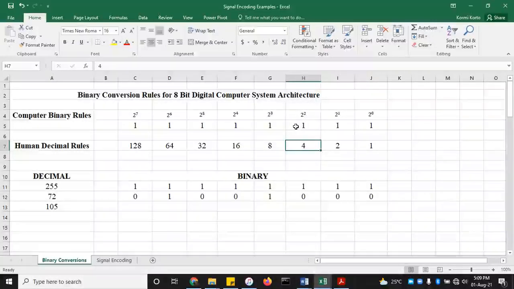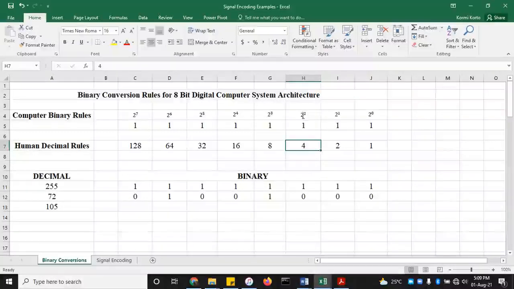Keep in mind, if all the bits are on, then those are the values they're going to take, which is the two states within computer binary rules raised to its counting sequence of whatever bit arrangement you have.